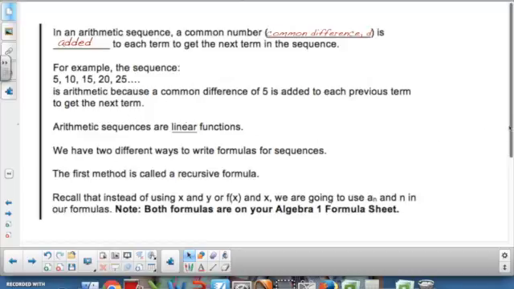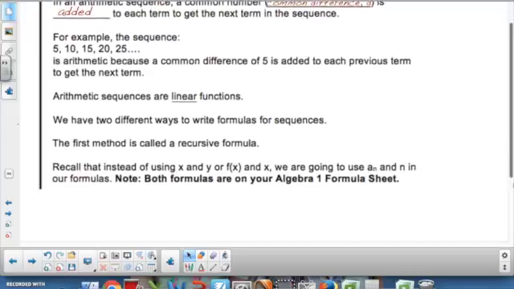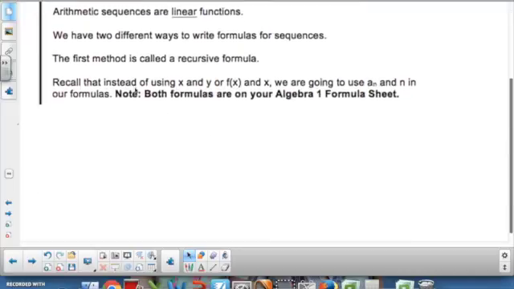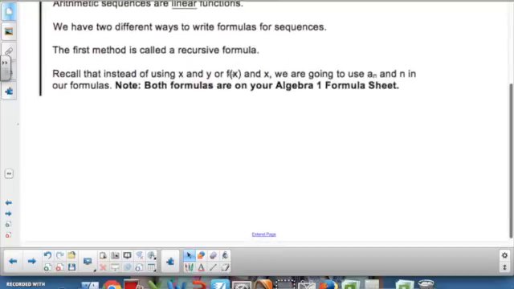We have a couple different ways of writing those sequences, and this is that recursive and explicit formula that I talked about earlier. The first one that we're going to talk about is recursive. So remember that instead of using x and y or f of x and x, we're going to use a sub n and n. Your n kind of takes the place of your x.